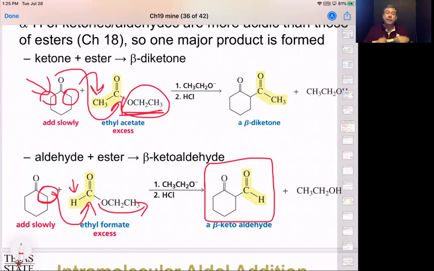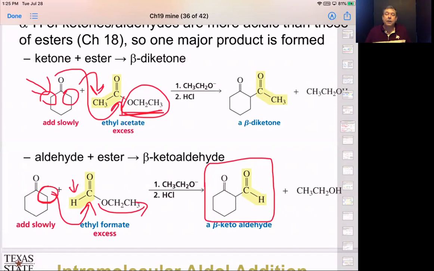If we react it with an aldehyde and ketone and an ester, the aldehyde or ketone has the more acidic hydrogens and therefore can generate a beta ketone or a keto aldehyde compound, depending on which ester you start with.